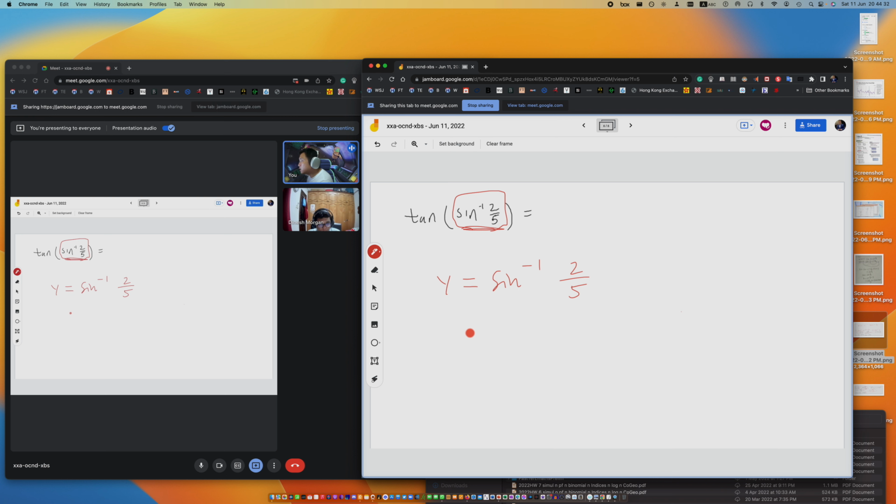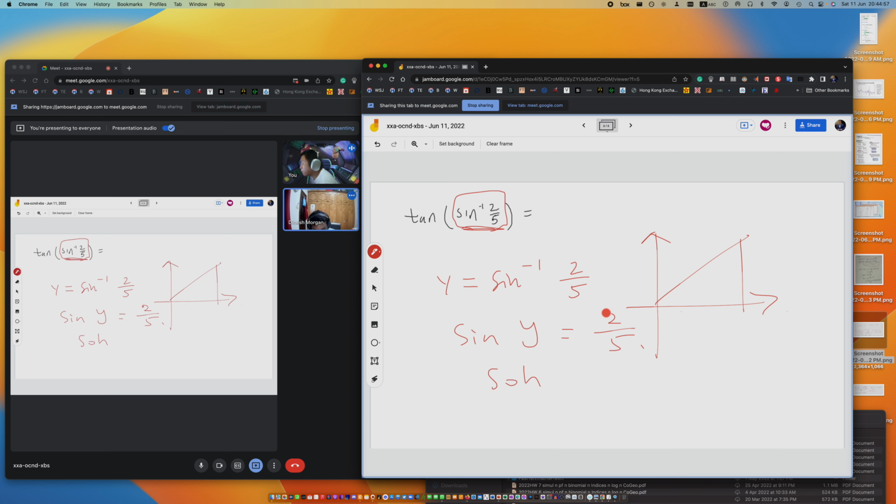If you convert this, is it this? So sine y is equal to 2 over 5, right? Okay, then of course you have to get this into the triangle. So sine is SOH, right?